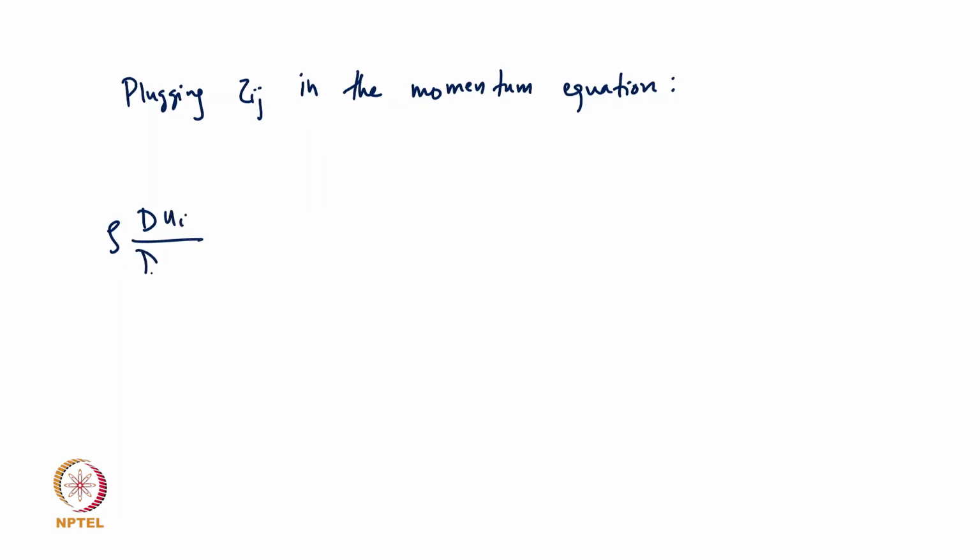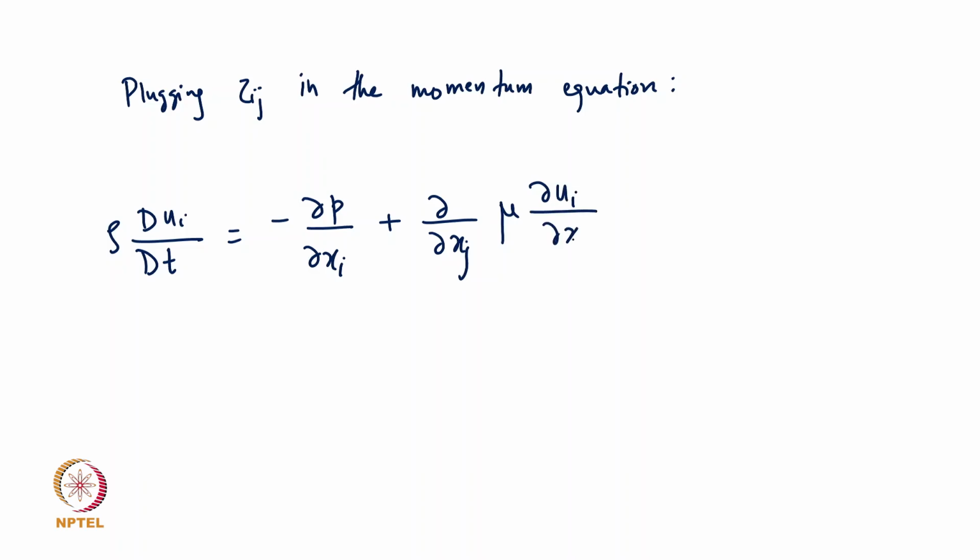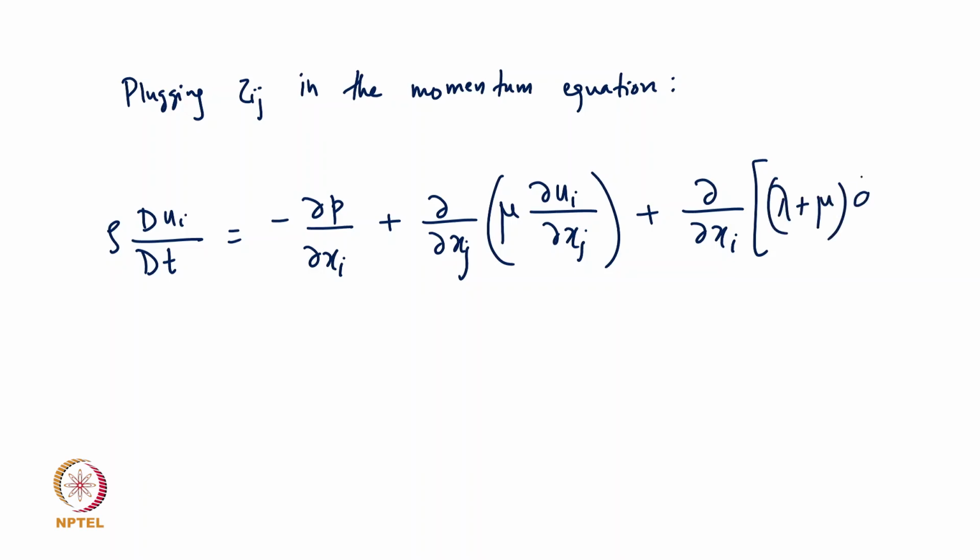Now, plugging tau ij in the momentum equation, we have rho dui dt is equal to minus del p del xi plus del xj, mu del ui del xj plus del xi, lambda plus mu, del uk del xk, plus rho gi.